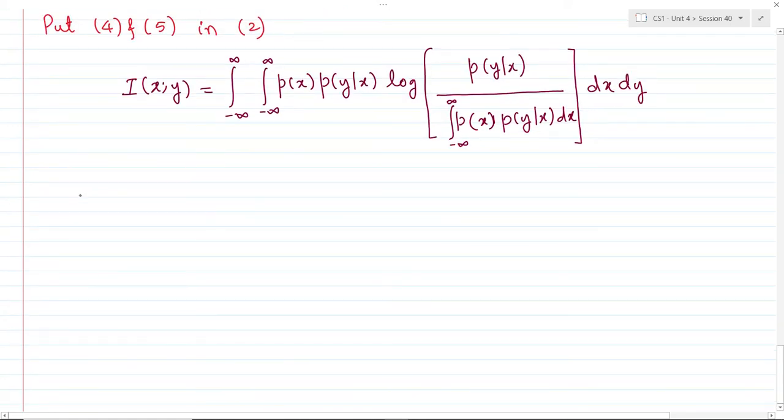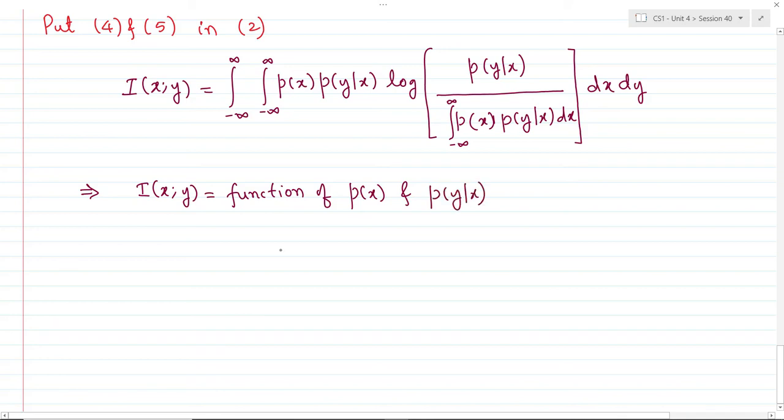Okay, so this implies that I of x y is a function of P of x and P of y given x.